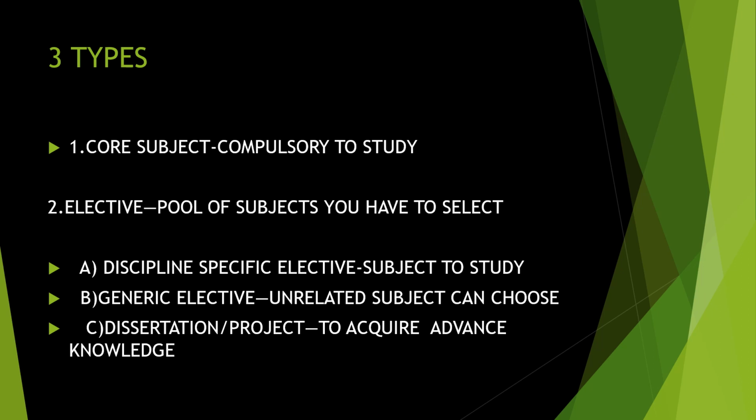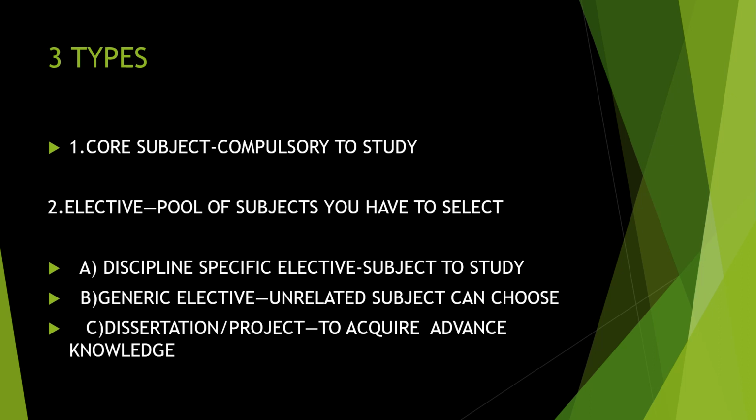And generic elective means you can choose unrelated subjects. Generic elective means if you are taking literature, you can take a subject that is not related. Okay, for example, if you are taking BA English literature and you want to take something related to economics, no problem. That is generic elective. Understood? So for elective, there are two types.